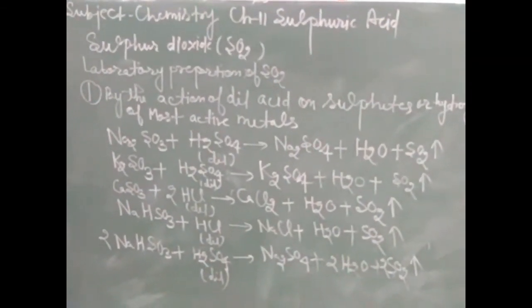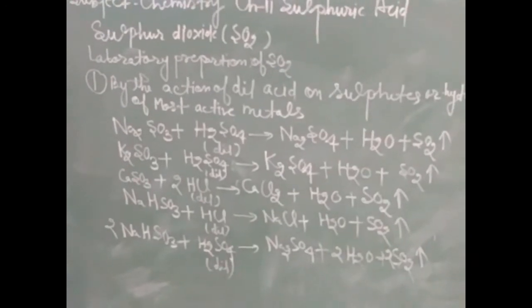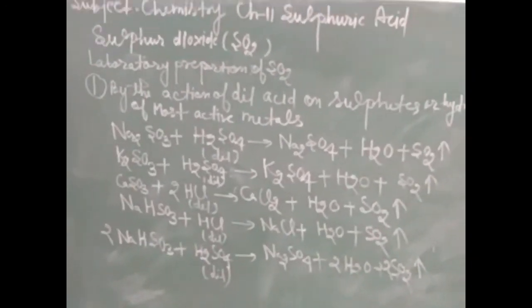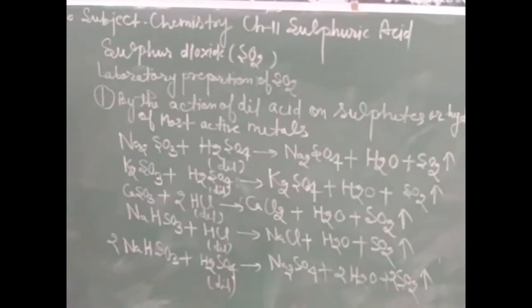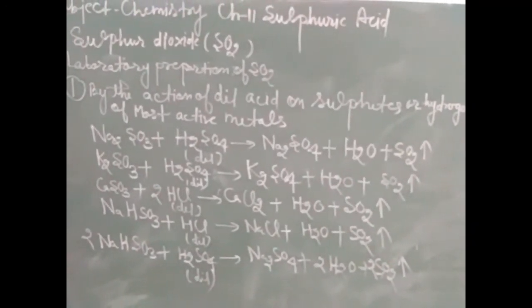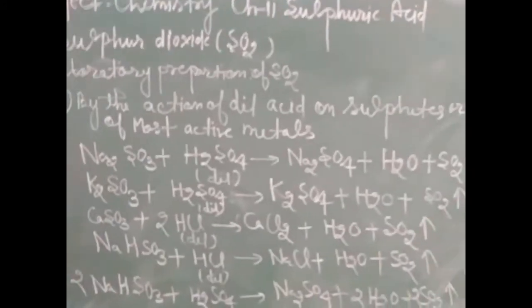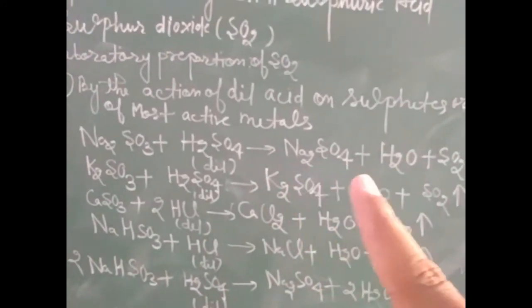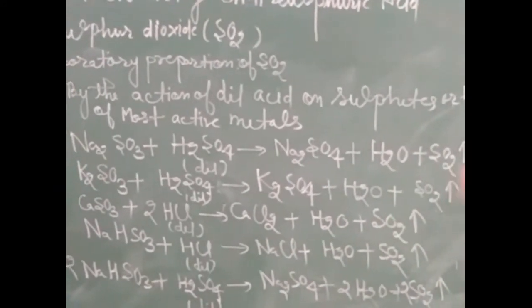What are active metals? Sodium, potassium, calcium, these are active metals. So the sulfite of sodium is Na2SO3. When Na2SO3 is treated with H2SO4, formation of Na2SO4 plus H2O plus SO2 takes place.